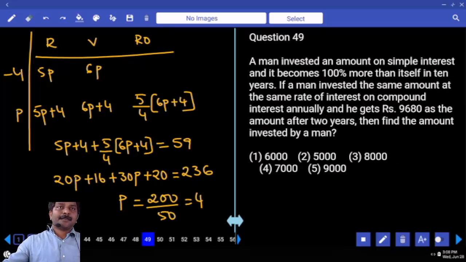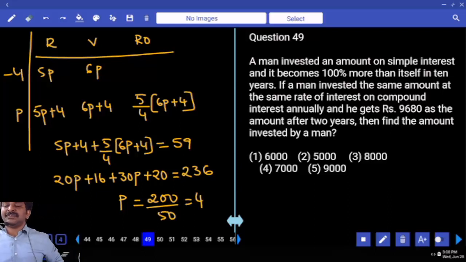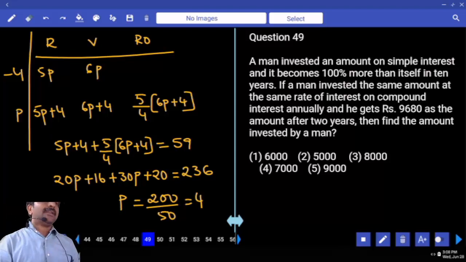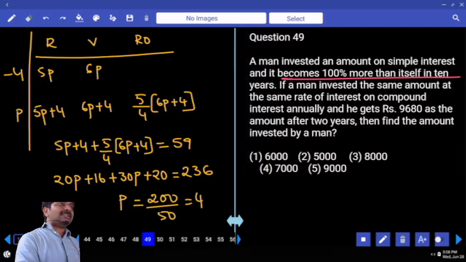A man invested an amount at simple interest and it becomes 100% more than itself in 10 years. He invested some money and it becomes 100% more, in the sense that the extra 100% is called interest. And that is in how many years?